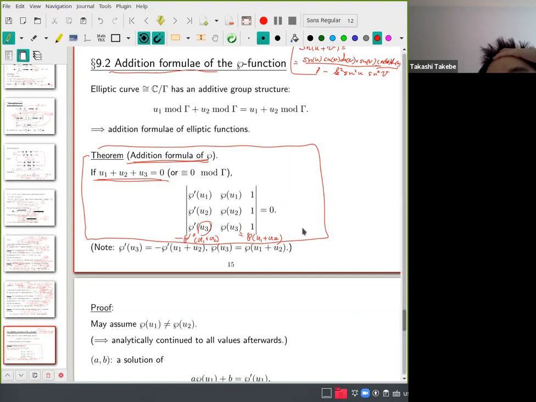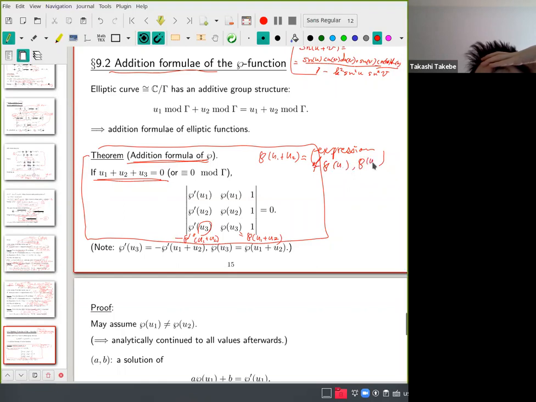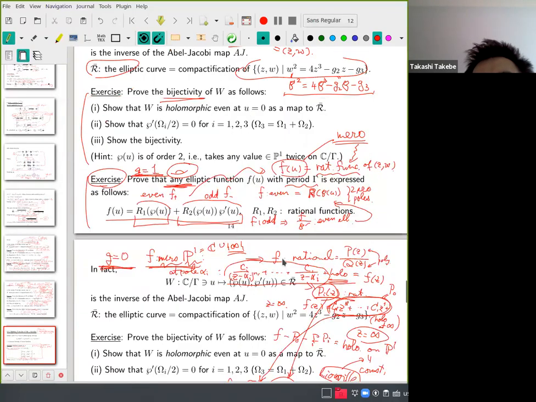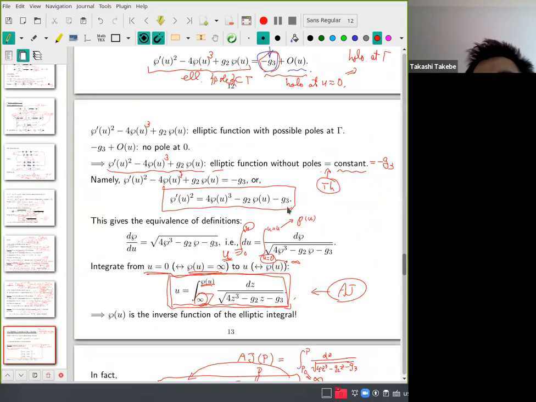So you might complain that this formula does not have an expression like this. Well, actually, we can do this by using this differential equation.